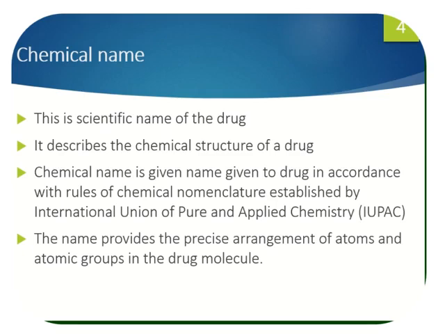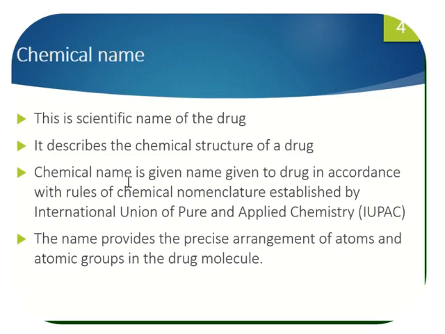So what is the chemical name? I'm sure we have done organic chemistry. The chemical name is the scientific name of the drug and describes the chemical structure of the drug, because all these that are being injected in us are drugs and they are chemicals and they have a defined structure which has been discovered, which has been drawn for us.